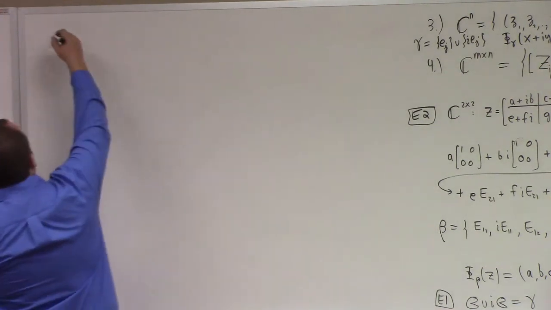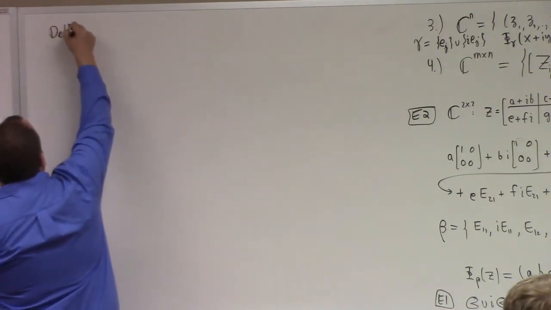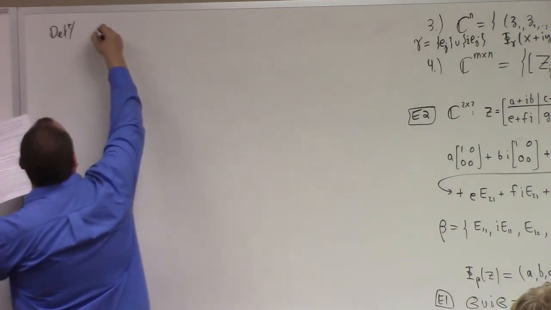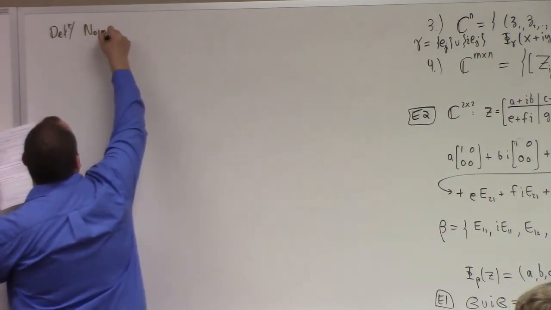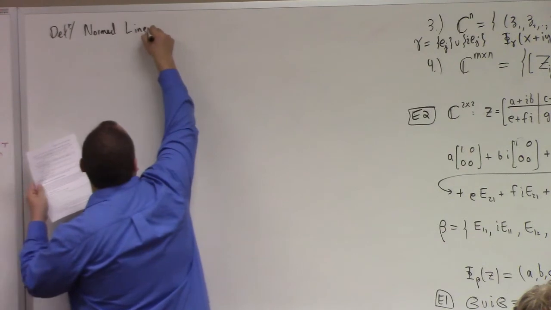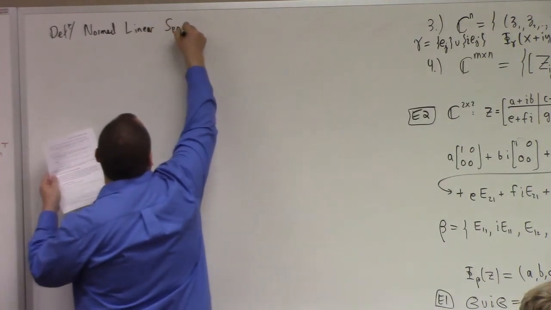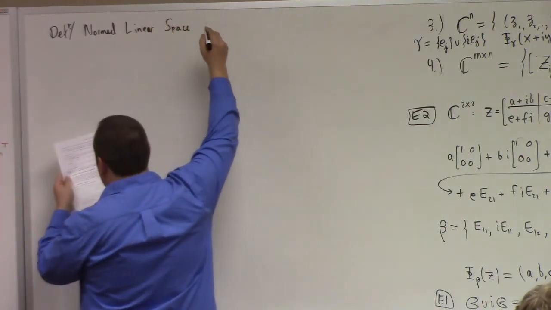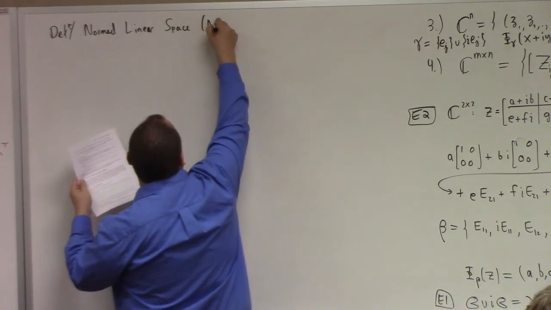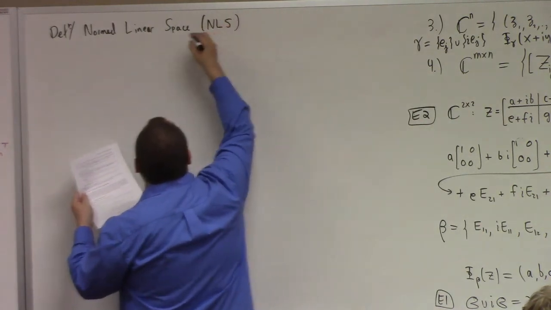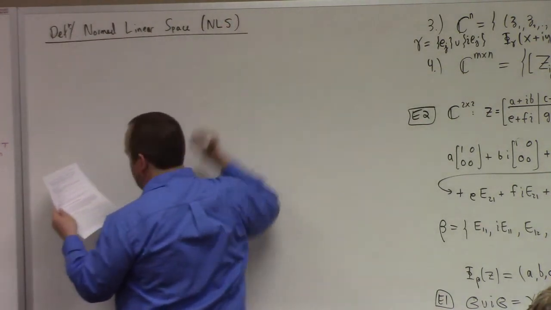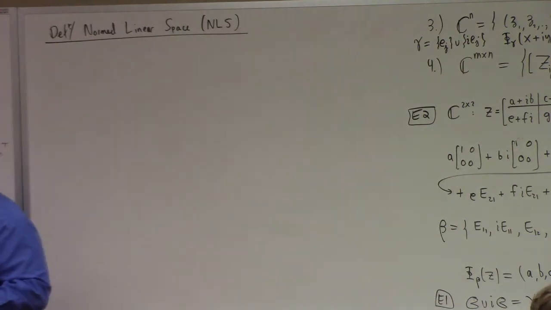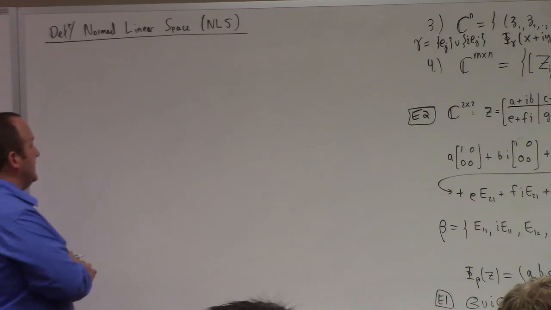Let's see here. Definition, normed linear space. Finally. Now we're finally getting into something that's really the meat and potatoes of what I'm getting after here today. So we'll say NLS for normed linear space. For us, a normed linear space will be a real normed linear space.